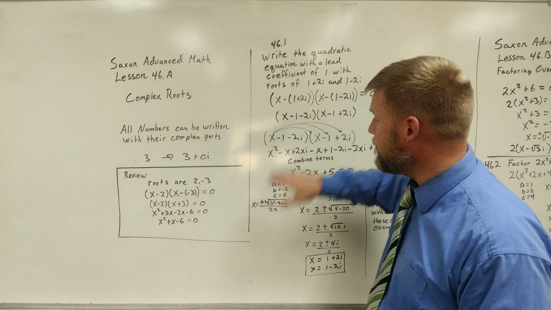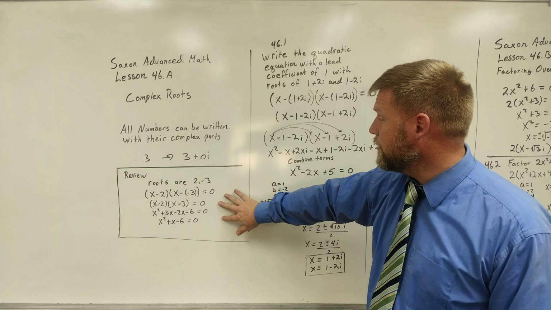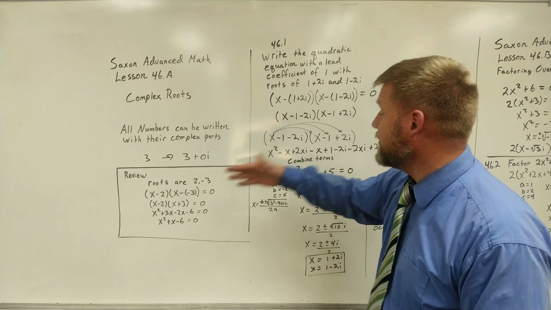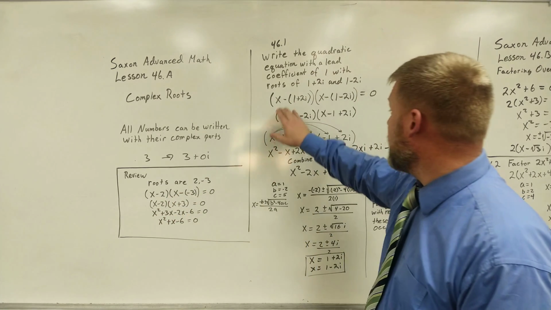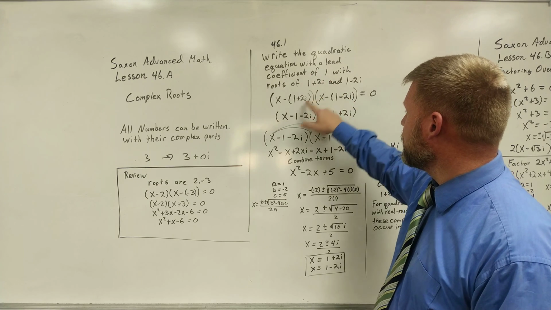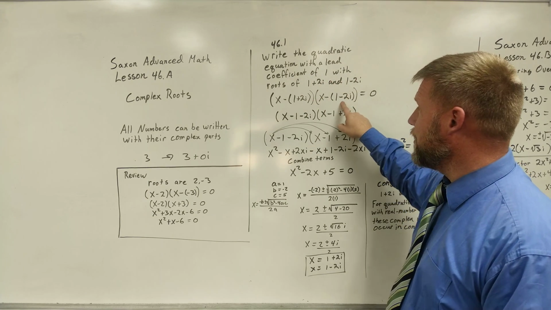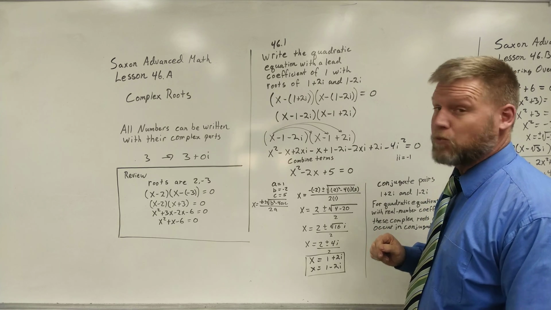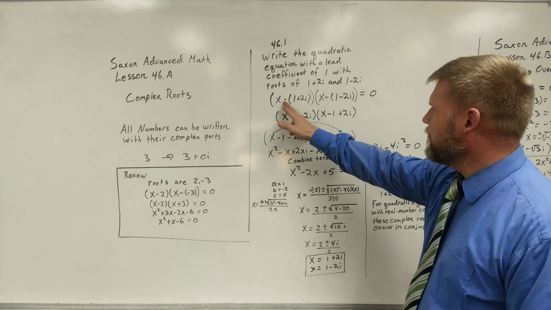I'm going to use the same method I did here with finding this equation, by saying x minus and x minus, right? And so I did that, and I plugged in my first root here and my second root here. At this point, I'm ready to simplify wherever I can, and I have a -1.